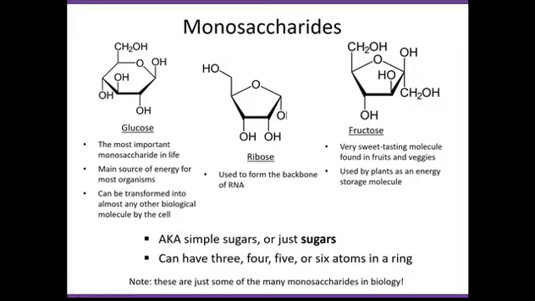And the reason why is it can be transformed into almost any other biological molecule by the cell. Your cell can take a glucose molecule and turn it into vitamins. Your cell can take a glucose molecule and turn it into DNA, can turn it into its cell membrane, can turn it into its mitochondria, if you know what those are. So glucose is kind of amazing.